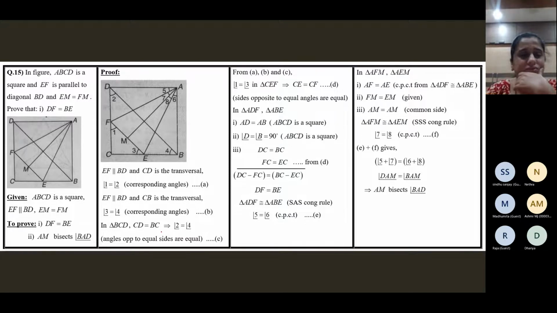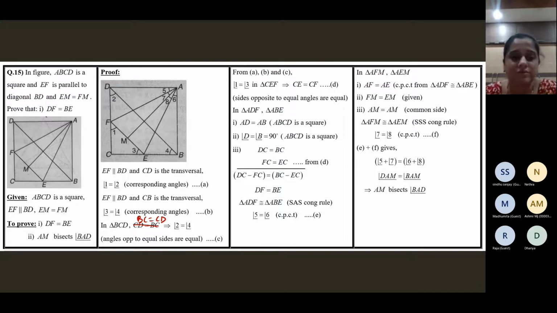I think I can write it like this: BC is equal to CD. In triangle BCD, BC is equal to CD, so opposite to BC is angle 2 and opposite to CD is angle 4. So angle 2 is equal to angle 4.